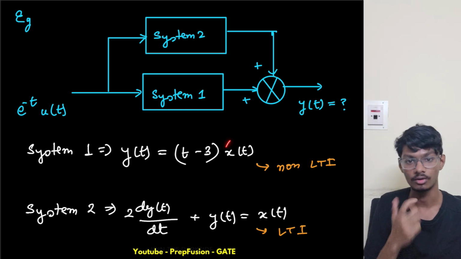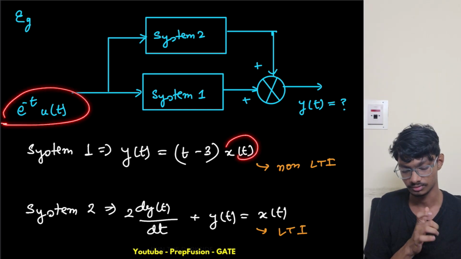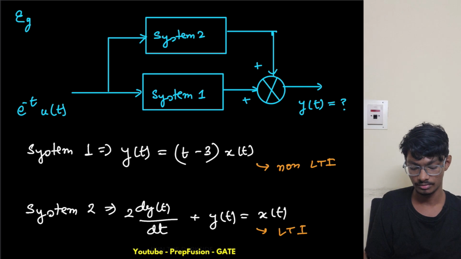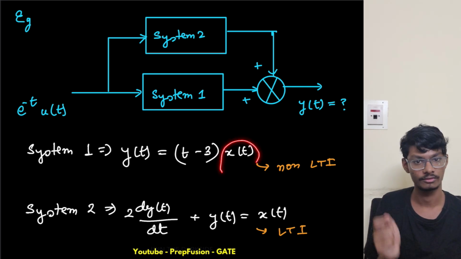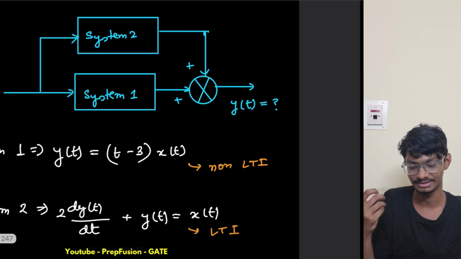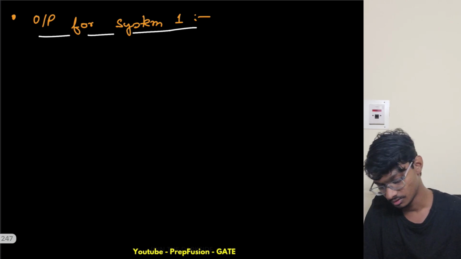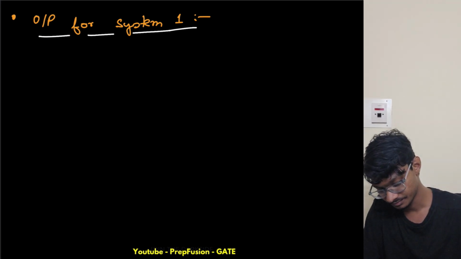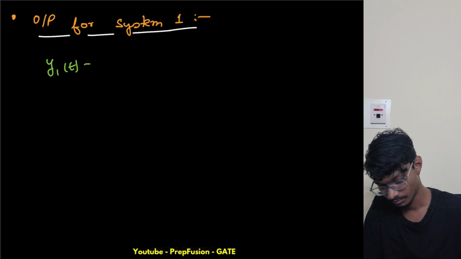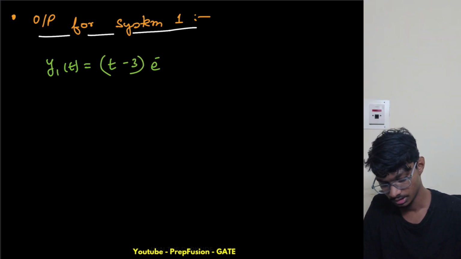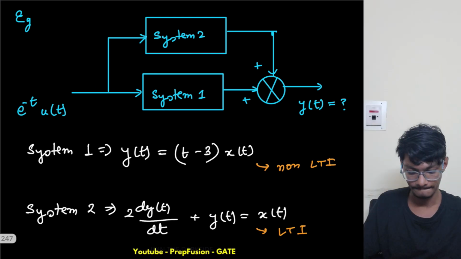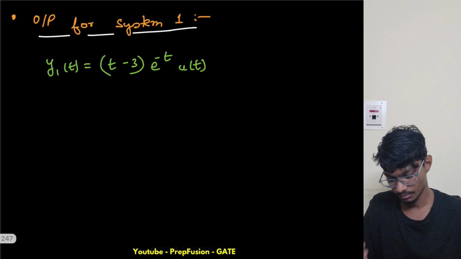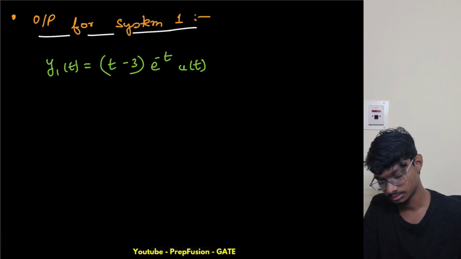Now what is x(t) in our case? x(t) is simply this one, right? So e raised to power minus t u(t). So just put the value of x(t) here normally, nothing fancy. So what will be y1(t)? Simply (t minus 3) into e raised to power minus t into u(t). Okay, just do that.